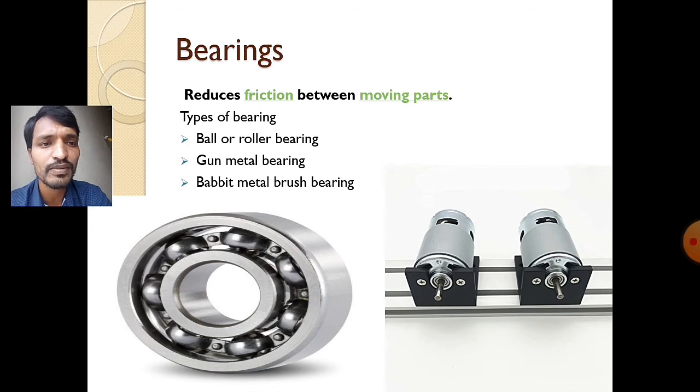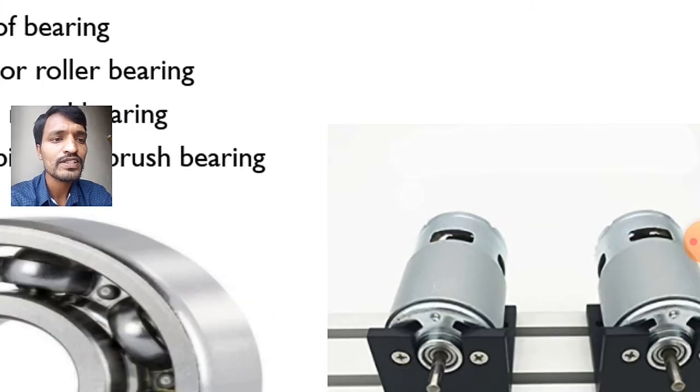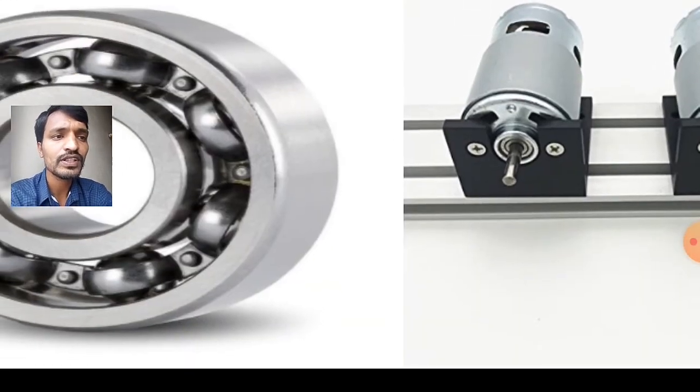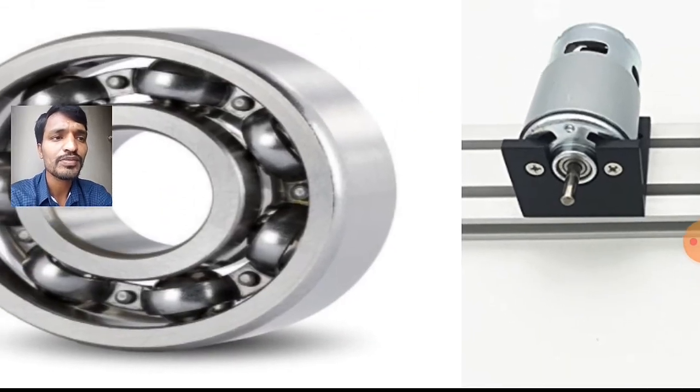Next, the gunmetal bearing, and the Babbitt metal brush bearing. These are the types of bearings used in mechanical and electrical systems. You can see here that the bearings are fixed on the shaft, which is used to reduce the friction between rotating parts.